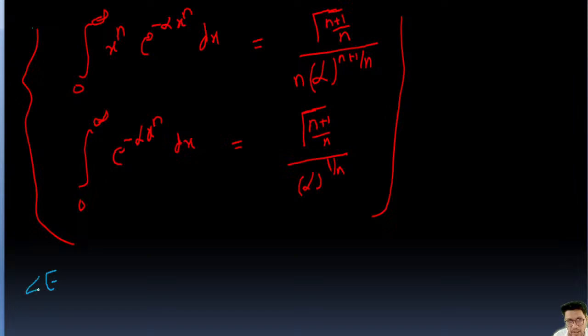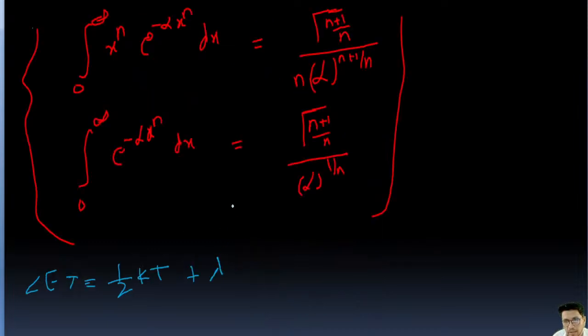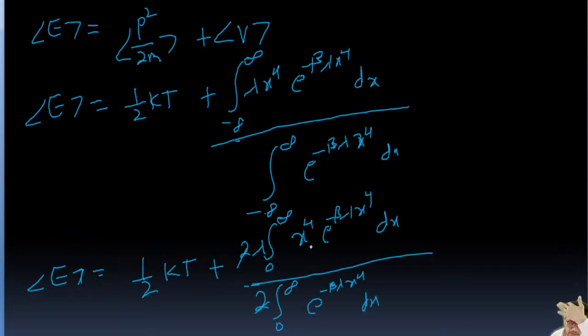So total energy is going to be half kT plus, the 2 will get cancelled, lambda times this integration, 0 to infinity x to the power 4 into e to the power minus beta lambda x to the power 4.